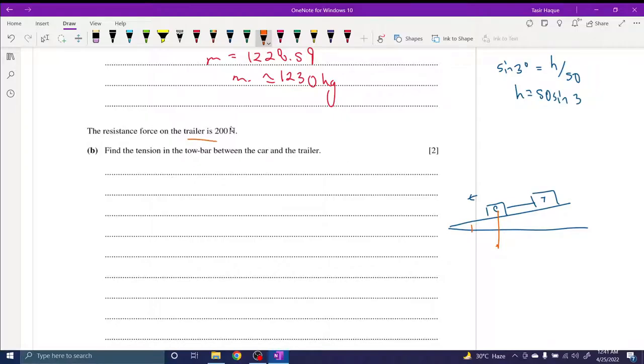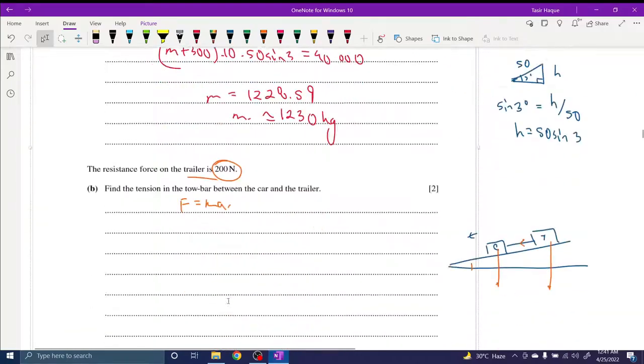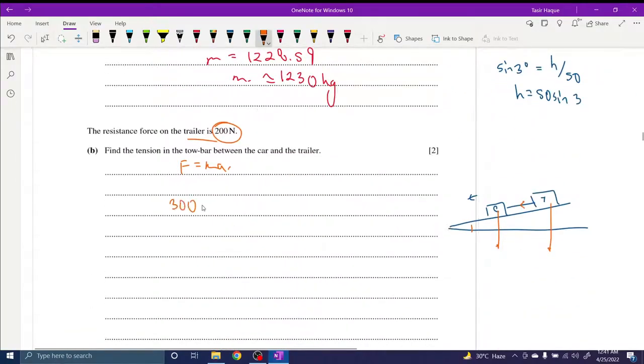Okay, let's do the trailer first because the force is already given. If you think about the trailer, the tow bar is actually pulling it forwards and it also has a component of weight downwards. So what can we say? F is equal to ma, right? And the component of weight, what was the mass of the trailer? 300 kg, right? So 300 g sine theta plus the tension in the tow bar, it's actually helping it, minus the resistance 200 is equal to ma, or is equal to 0 because the resultant force is 0.